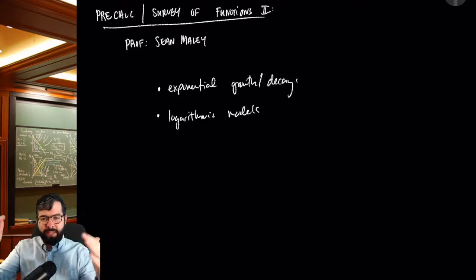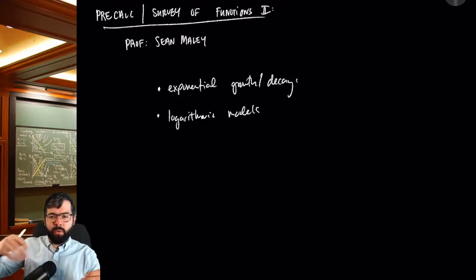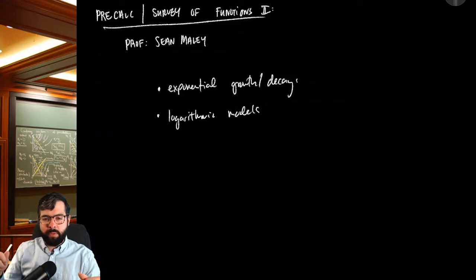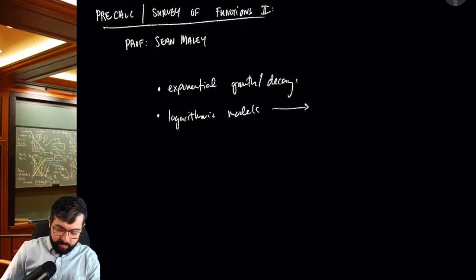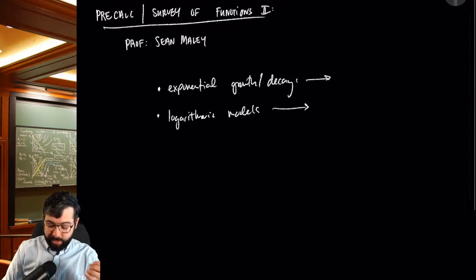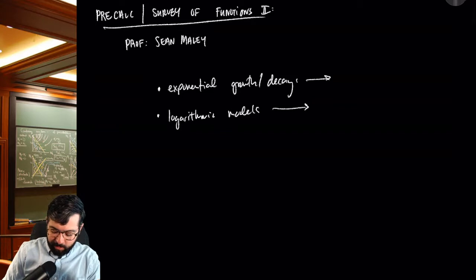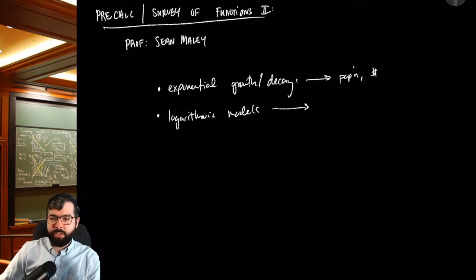It kind of flattens that explosive growth or explosive decay that we'd see with an exponential function. And they also have phenomena that they model themselves. So, while exponential functions might model population, there's financial models and situations.